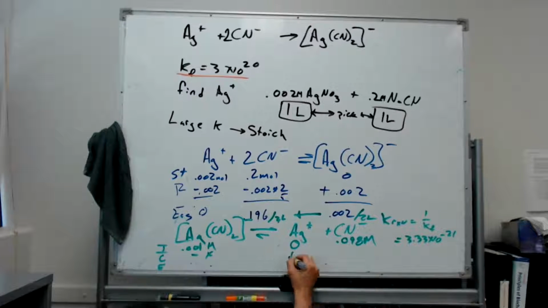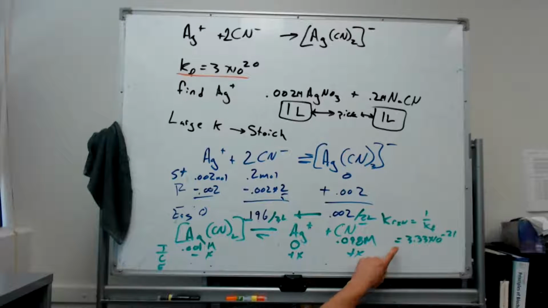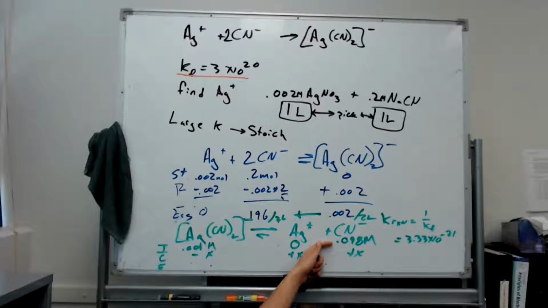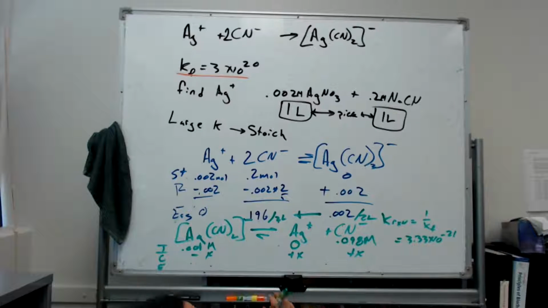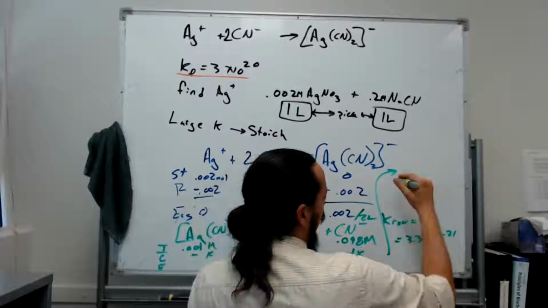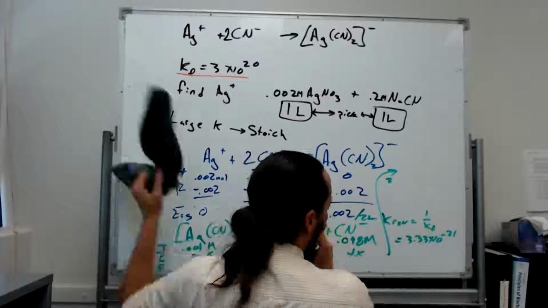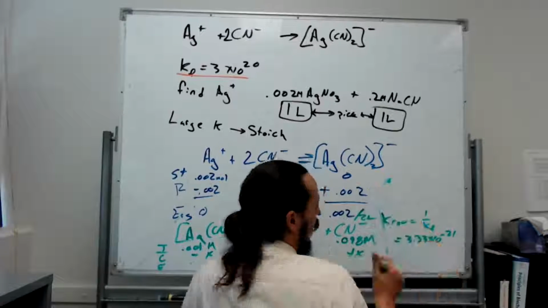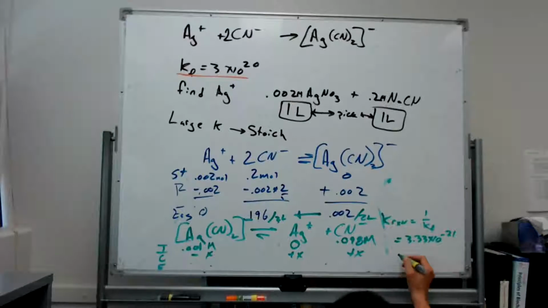We're going to have minus x, plus x, plus x. But this x is going to be a really, really small value on the order of minus 21, which compared to 9 times 10 to the minus 2 or 1 times 10 to the minus 3, x is going to be very small. We're going to have 3.33 times 10 to the minus 21 is equal to products over reactants, 0.098 x divided by 0.001.